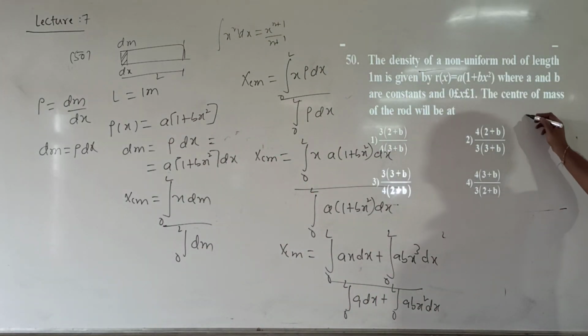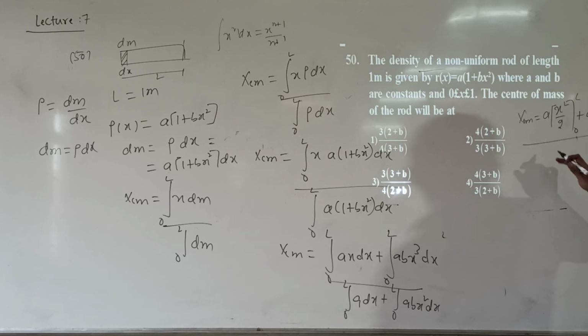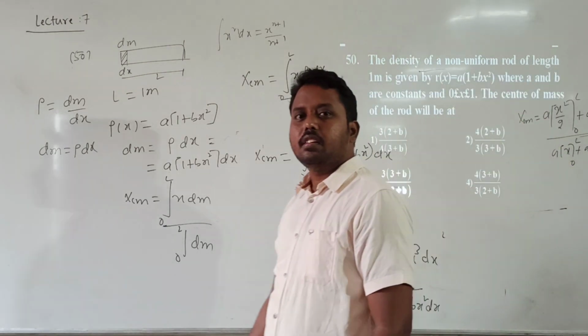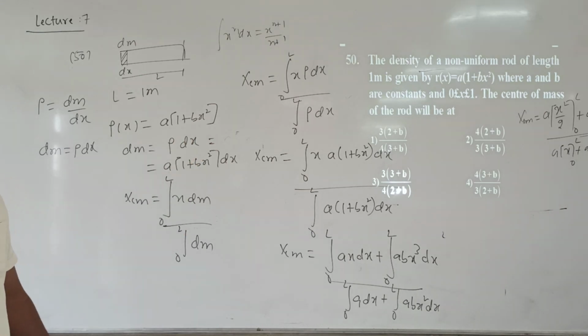So XCM is equal to, bringing a outside, integration of x is x square by 2 within the limits 0 to l, plus ab into integration of x cube, x power 4 by 4, limits 0 to l, divided by a into integration of dx, that is x, plus ab into integration of x square, x cube by 3, limits 0 to l. So substitute the limits, then simplify, and I will get the final answer.